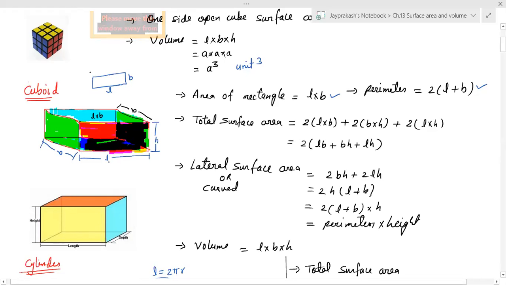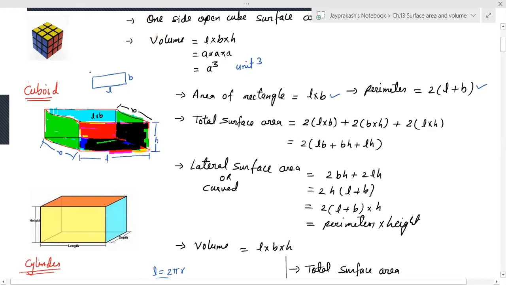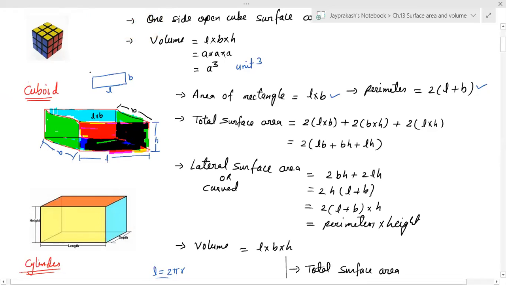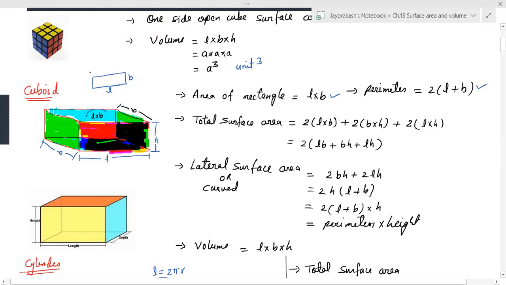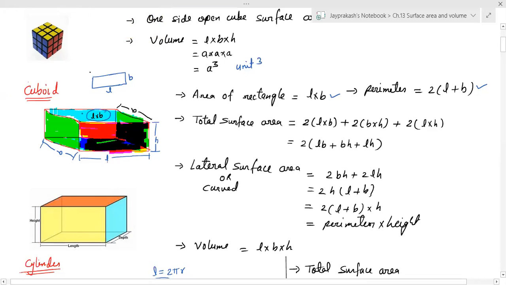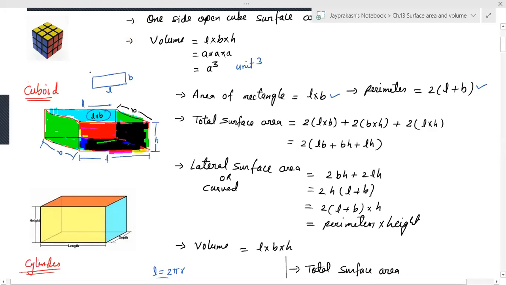The front face has the length, this one is the height, and this one is the breadth. Now the area of this top portion will be L into B, because this one is the length and this one is the breadth. Now the top and the bottom are the same. So that's why we have twice L into B.